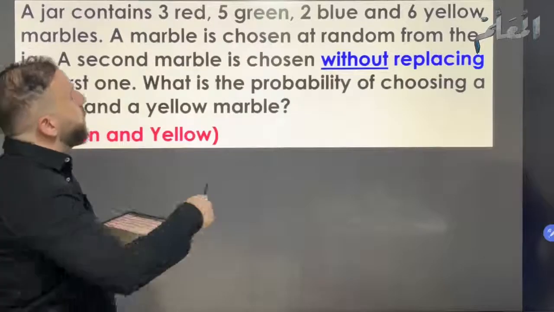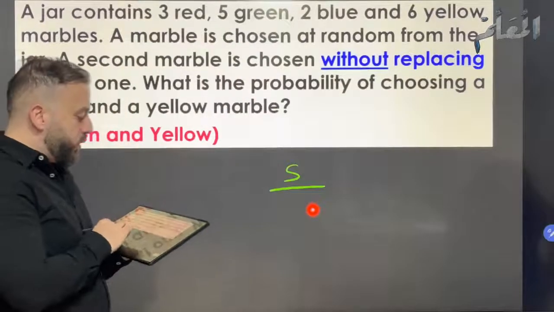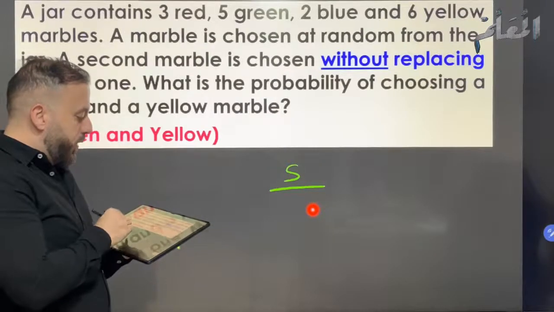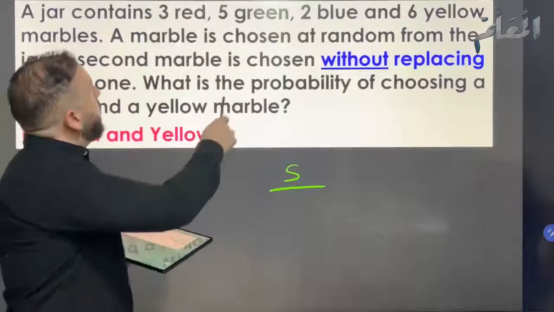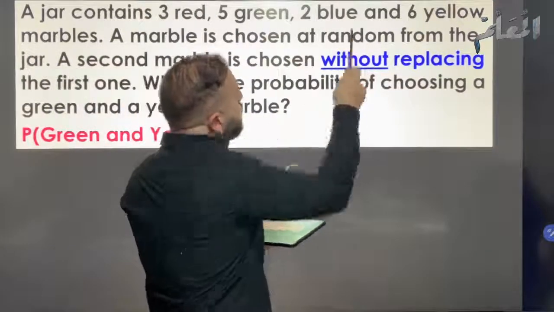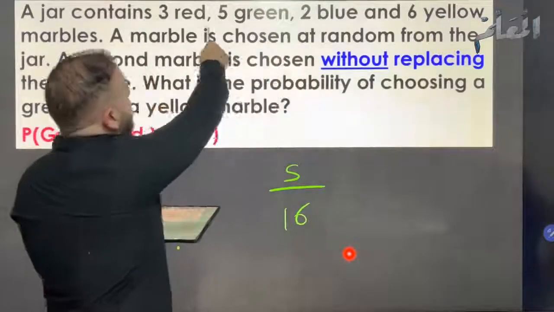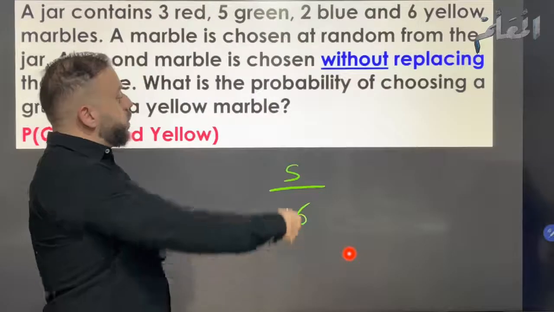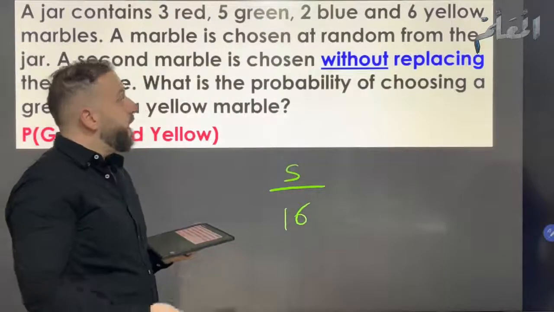If I want to choose green, green is going to be 5 over the total. The total is 3, 5, 2, 6, so 16. So 5 over 16, that's the count. So this is the probability of having green, which is 5 over 16.